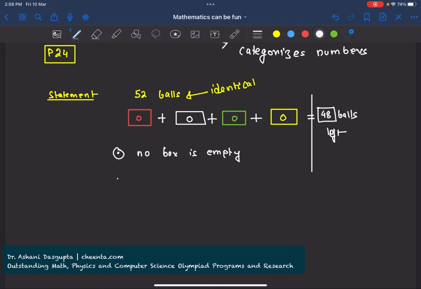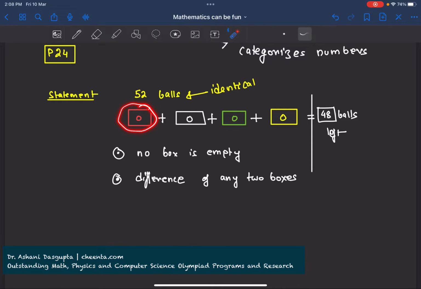The second condition is that the difference of the number of balls of any two boxes, so if you just take the difference of the number of balls in red and yellow box, the difference is not a multiple of 6. Okay, let's see how we can use that.